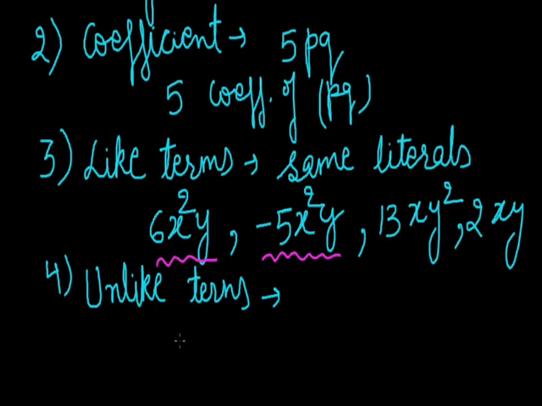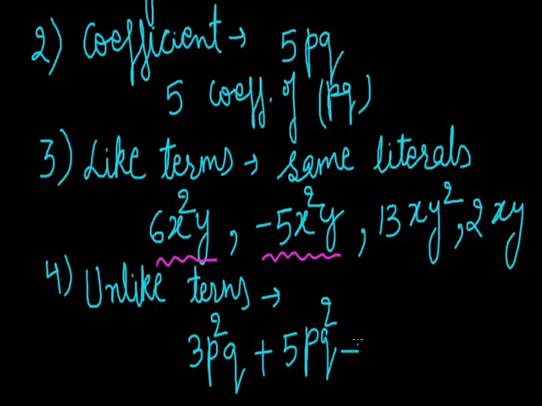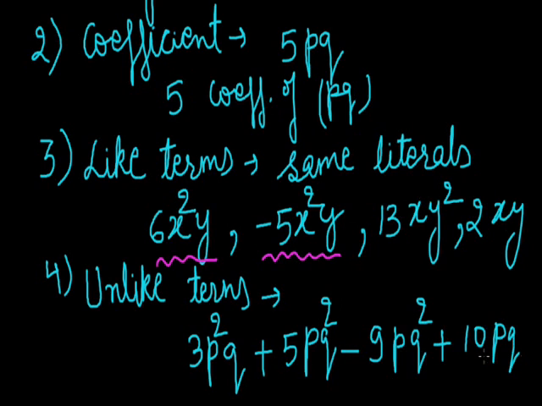For example, 3p square q plus 5pq square minus 9pq square plus 10pq. In this expression, 3p square q, 5pq square and 10pq are unlike terms. But 5pq square and minus 9pq square have the same literals, so they are like terms.